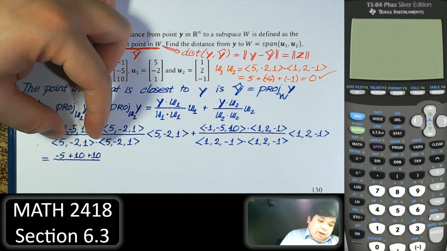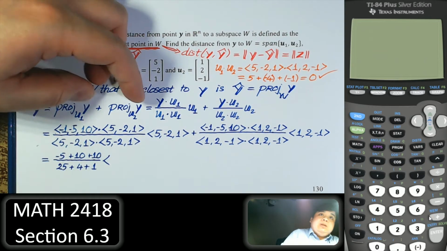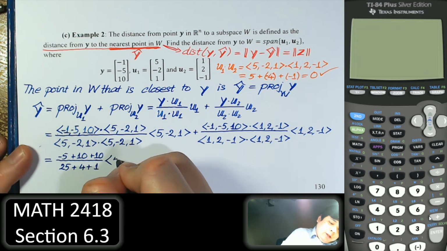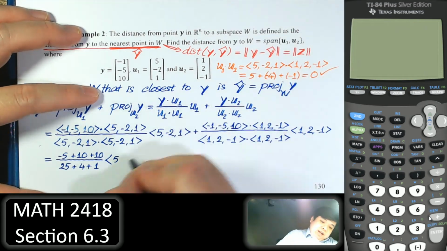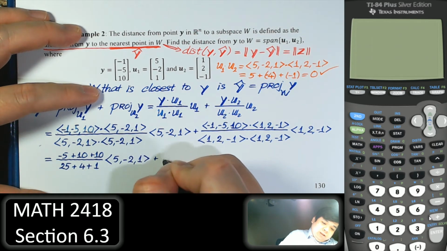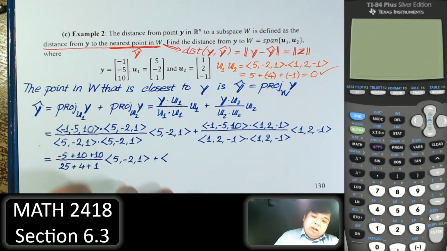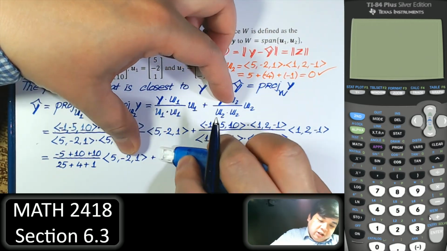And here we have 5 times 5, so it'll be 25 plus 4 plus 1. Yeah, we calculate all of that first, give us a fraction, and then just multiply by the vector. And then multiply this, give us a fraction times the vector.